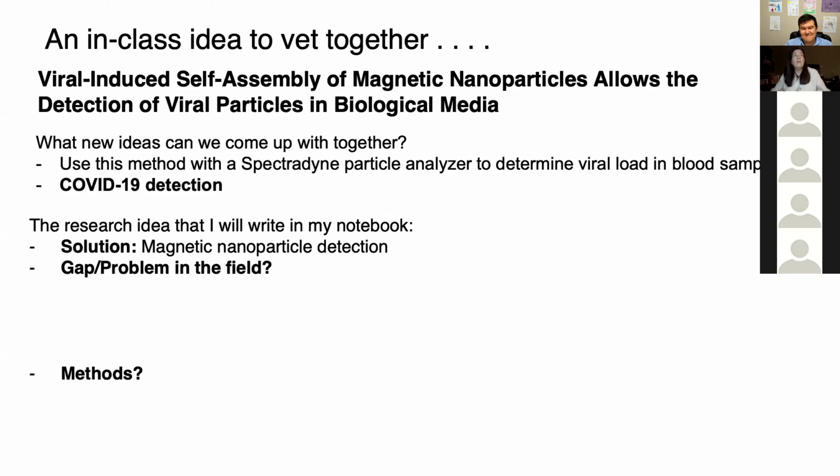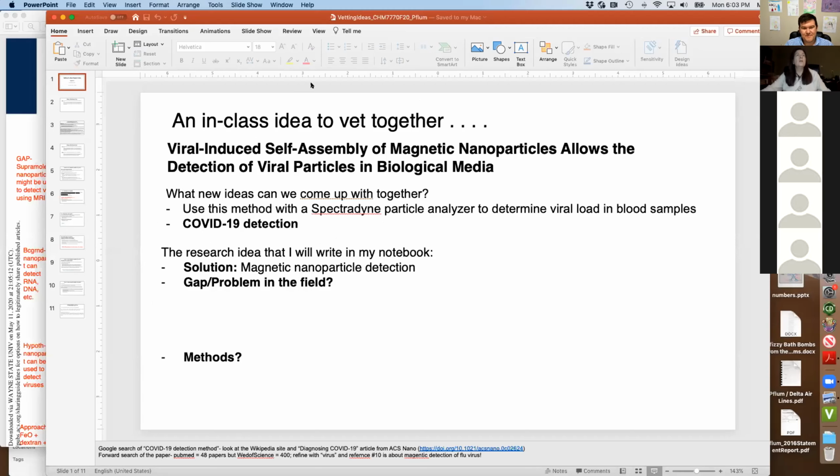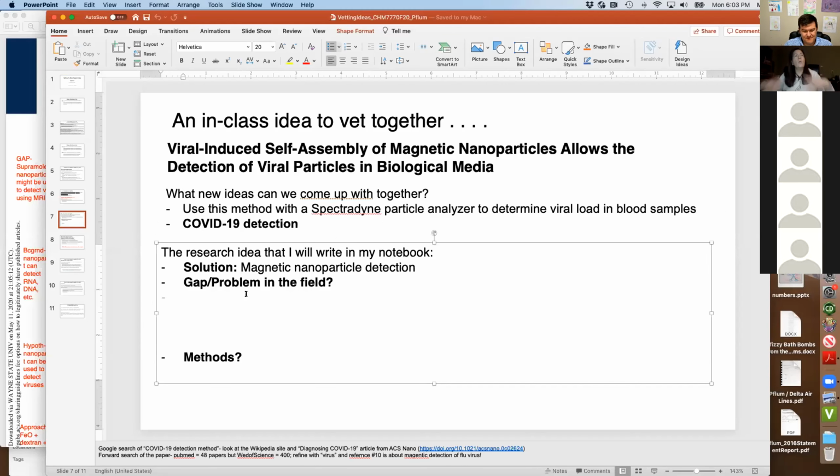Is COVID-19 detection a really big problem in the field? So let's think about ideas about how we would go into the literature and explore the gap in the field.